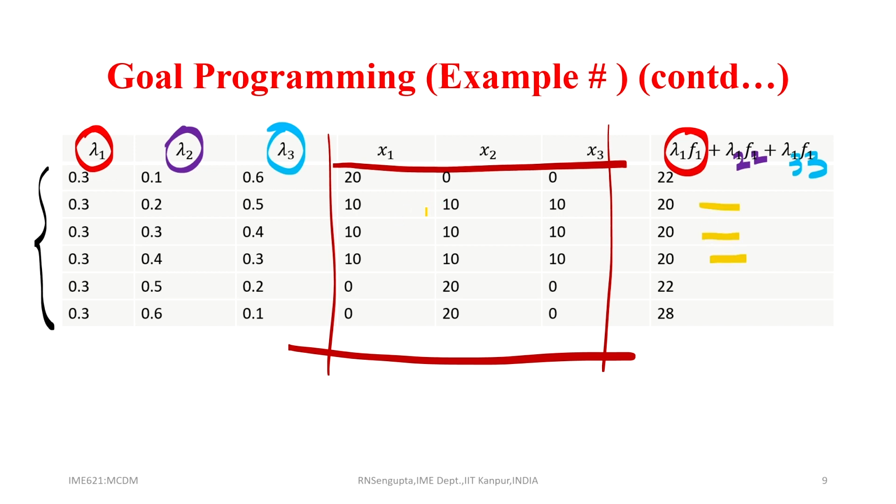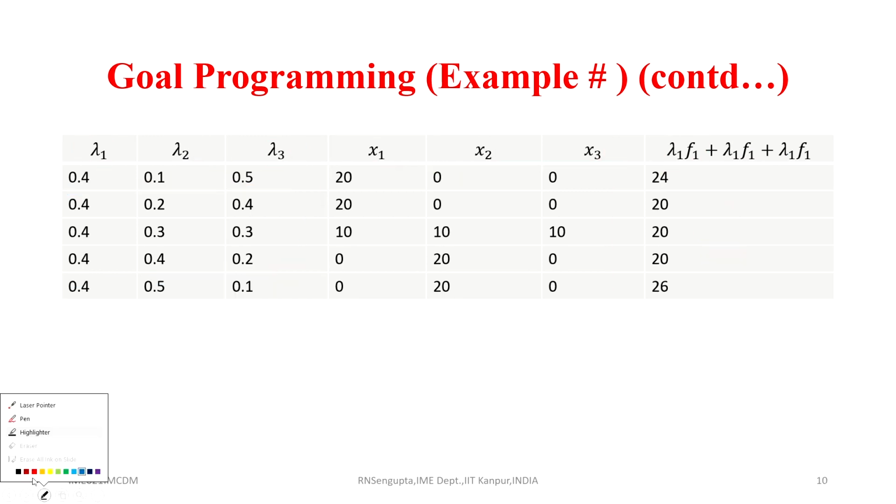Decision variables x 1, x 2, x 3 are all 10, but the combinations which we are taking for lambda 1, lambda 2, lambda 3 are different here. They are for the same output, which is the decision variables as well as the objective function. They are as follows: 30%, 20%, 50%, 30%, 30%, 40%, 30%, 40%, 30% corresponding to f 1, f 2, f 3.